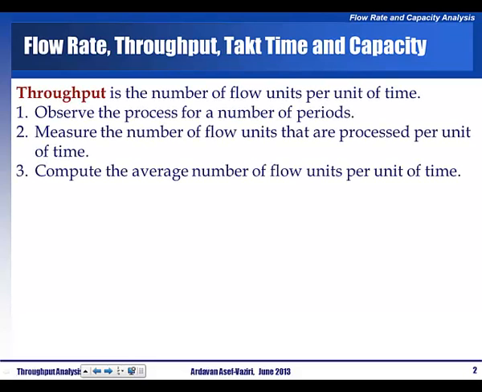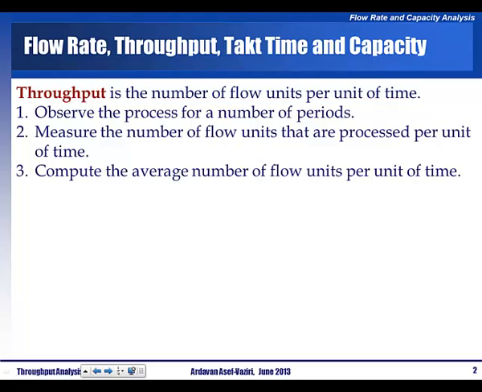Throughput is number of flow units that pass an operation, an activity, or the whole process per unit of time. For example, we may say throughput is 5 per hour. Unit of time here is hour.